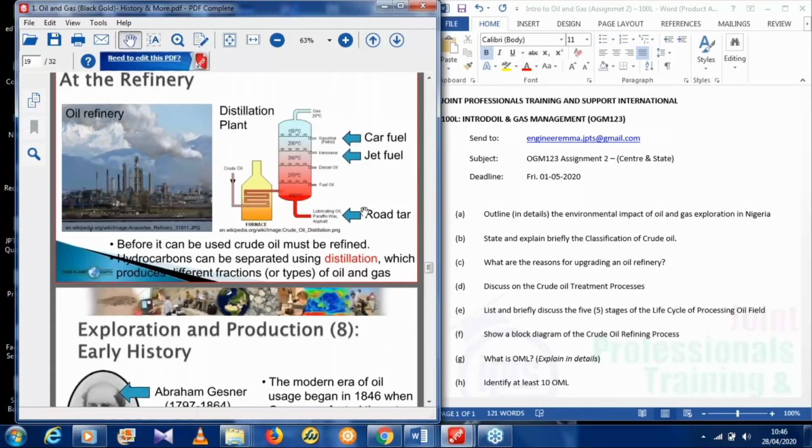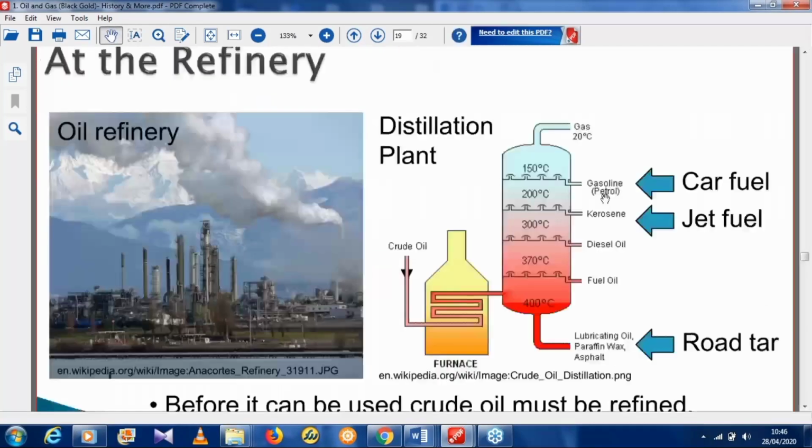Then from there you have gasoline. So all these components: the gasoline, the one used as petrol, premium motor spirit, the kerosene, the diesel oil, the fuel oil, and the rest of them.